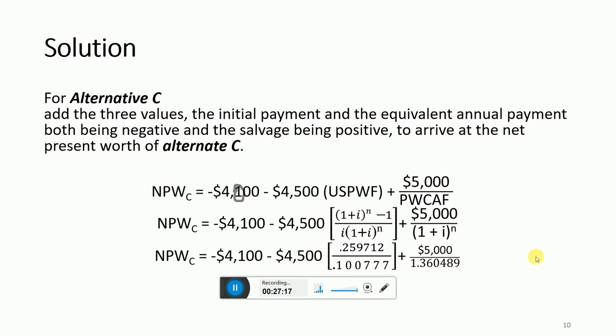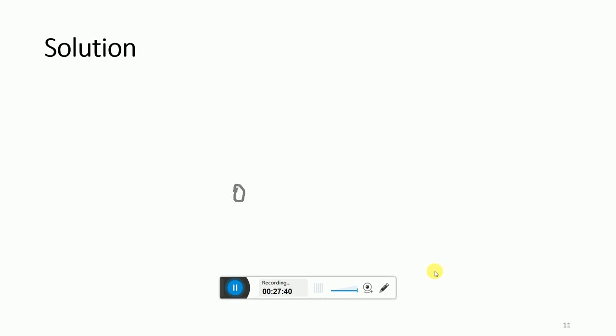So now we have to simplify this equation. So we get 11,921. So this is the net present worth for the alternative C. So now we have calculated all the alternatives for A, B and C. So now let's see this.